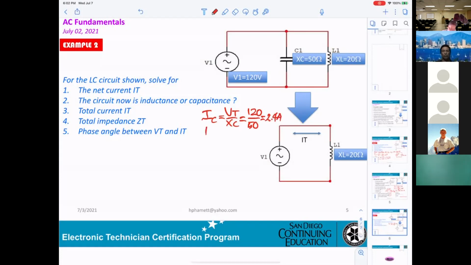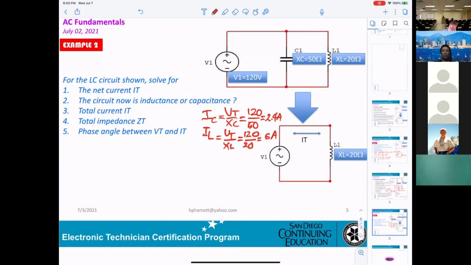And then you can calculate IL: V total over XL, 120 divided by 20. You get 6, right?